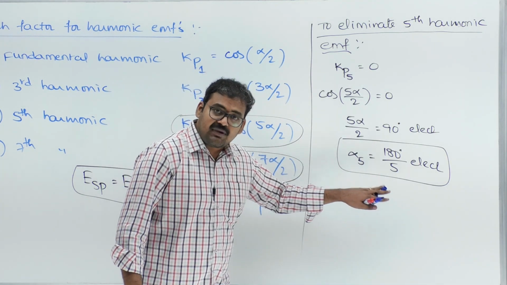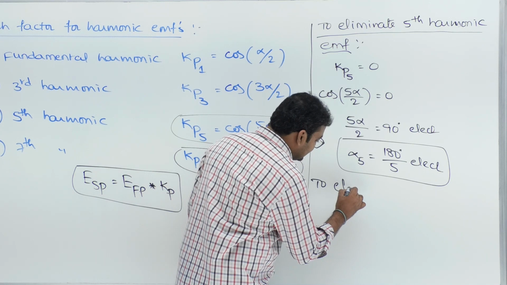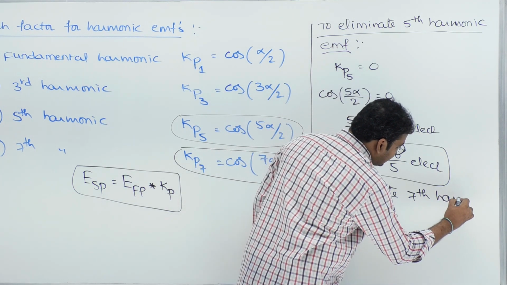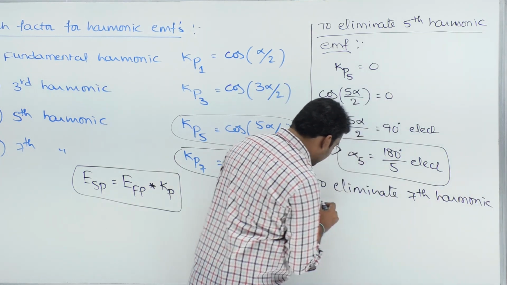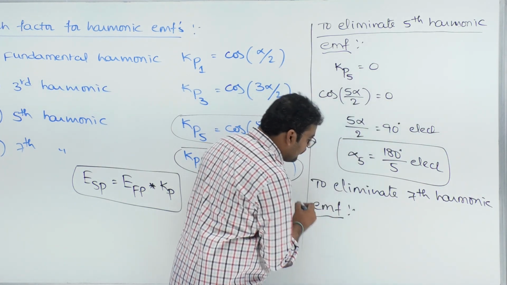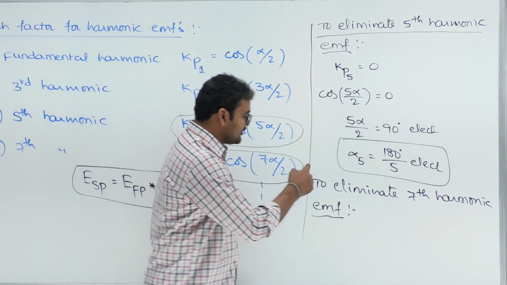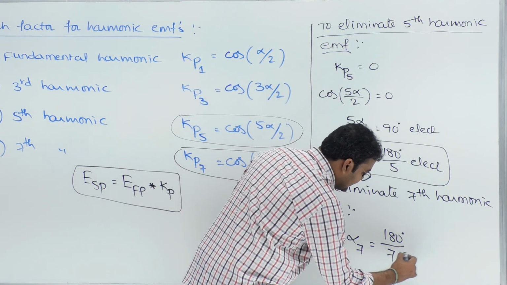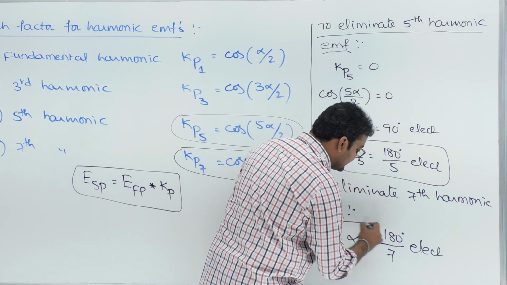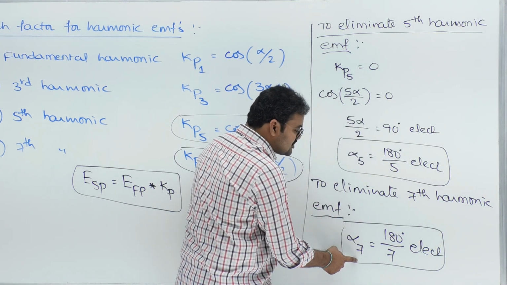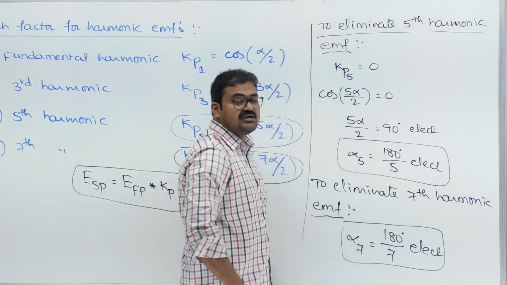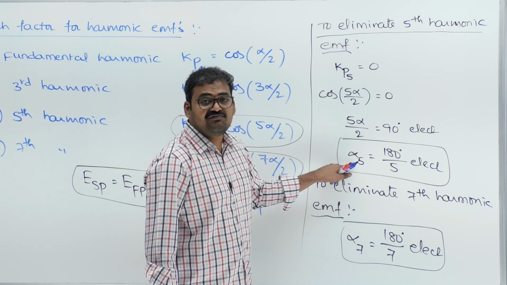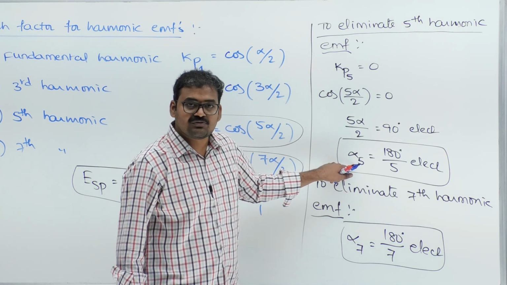In the same manner, to eliminate the seventh harmonic EMF, what is the short pitch angle required? In the same manner, alpha 7 should be equal to 180 degrees by 7 electrical degrees. If I use this much short pitch angle, the seventh harmonic EMF can be made 0. If this short pitch angle is used, the fifth harmonic EMF can be made 0.